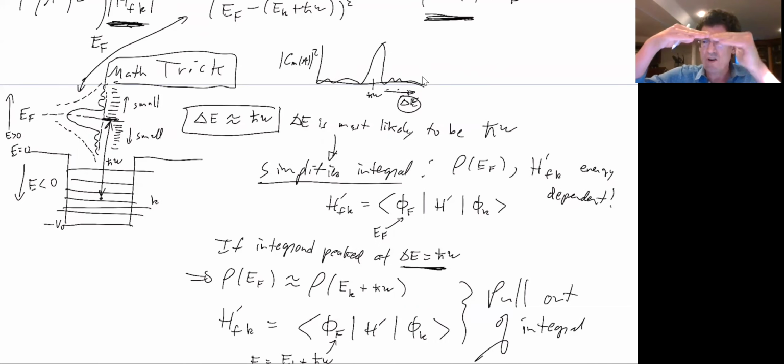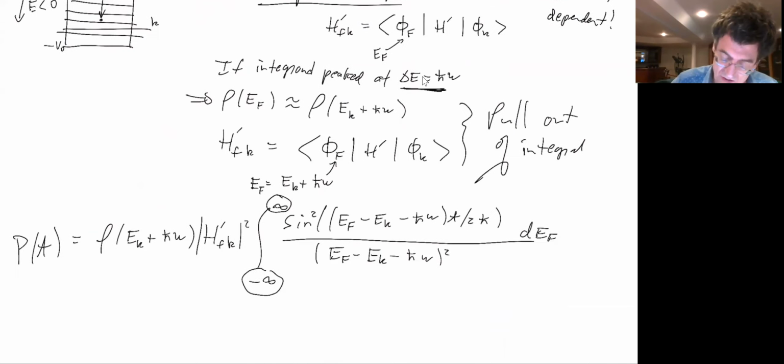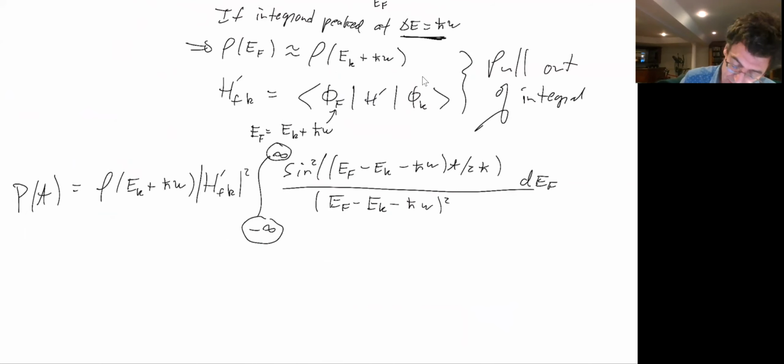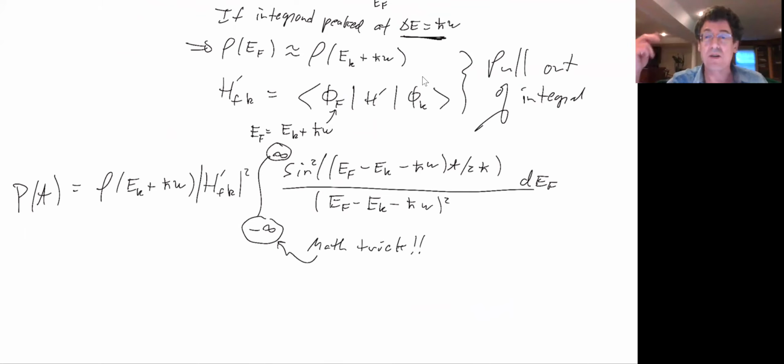As we get farther away from h bar omega, it just goes to 0. So it just makes the integral easier. It's just a math trick, that we can make this integral symmetric, and it doesn't change the value. Okay, so now we've got to do this integral.